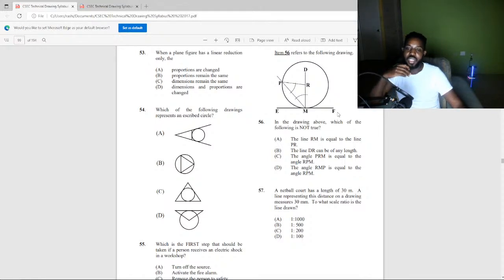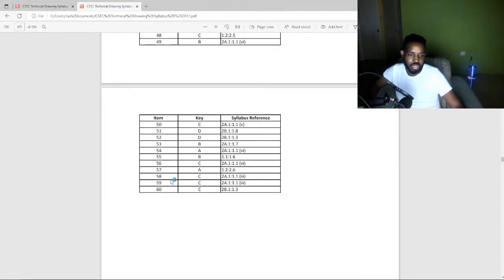The angle PRM is equal to the angle RPM. That's not true. The angle RMP is equal to the angle RPM. That looks true. So I think the only thing that does not look true is C. Number 56 is C.